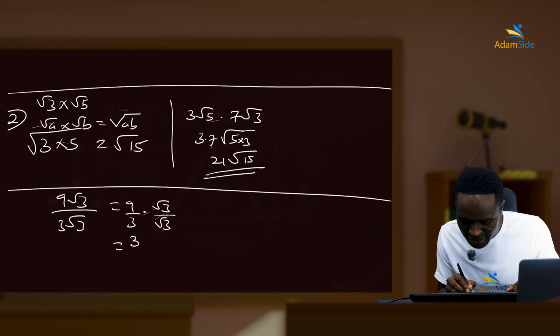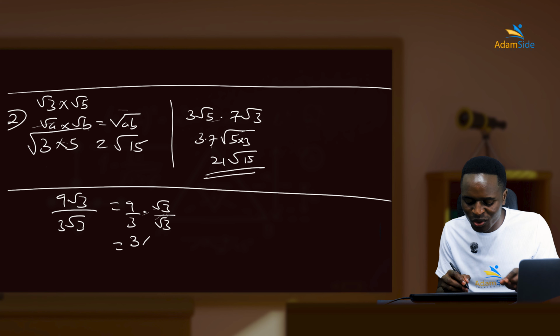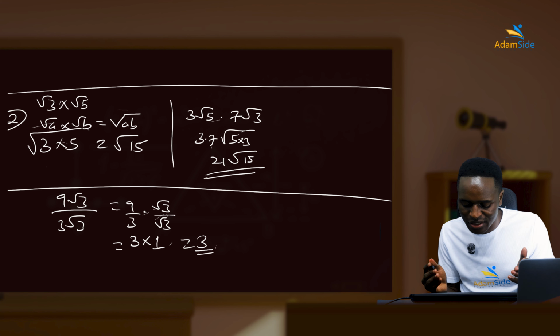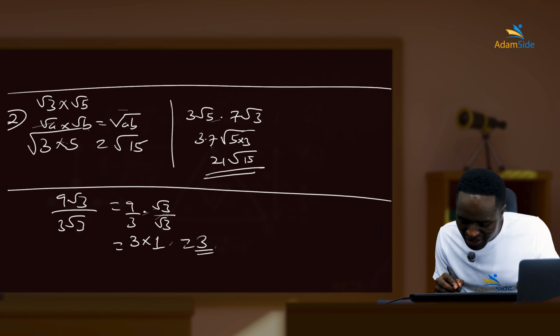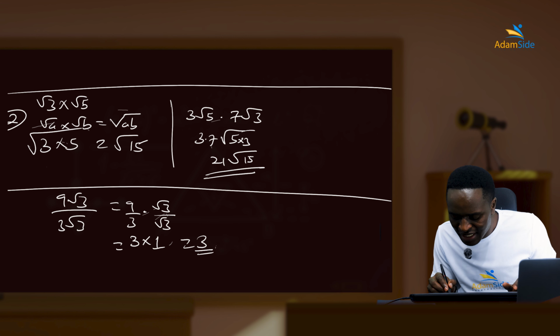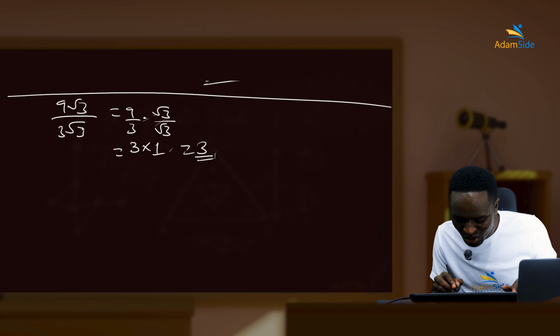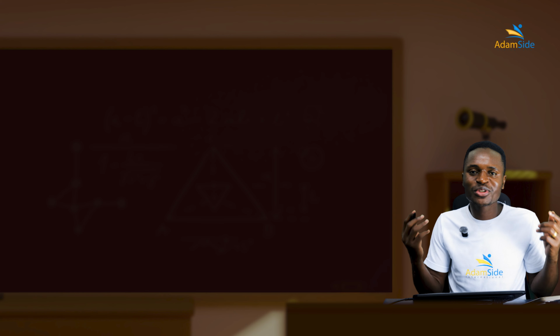The divisor is 3 root 3. So remember, we say root 3 divided by root 3 is 1, obviously. And 9 divided by 3 is 3. So you divide coefficient by coefficient and surds by surds. Root 3 divided by root 3 is 1, so you multiply by 1. That's what you do, champion.